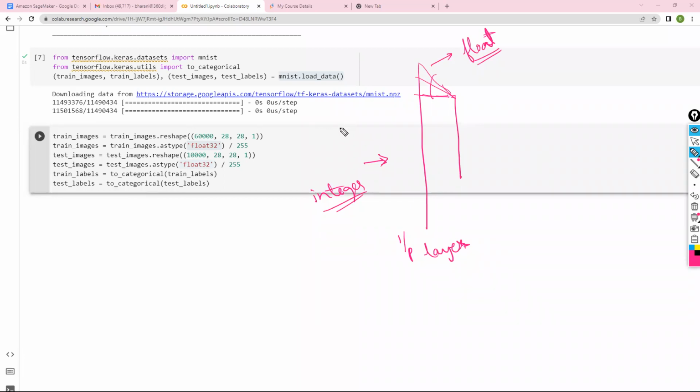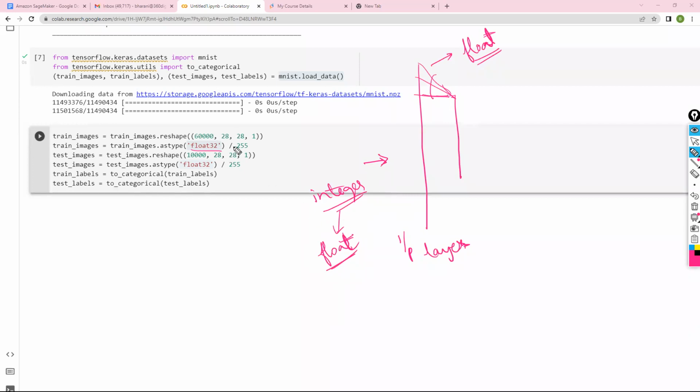Since it throws an error, we need to convert the inputs also into float format, because you can only control inputs. You cannot say that weights should be converted to integers. Such a mechanism doesn't exist. So the only place you can control is the inputs. So you're converting inputs into float.